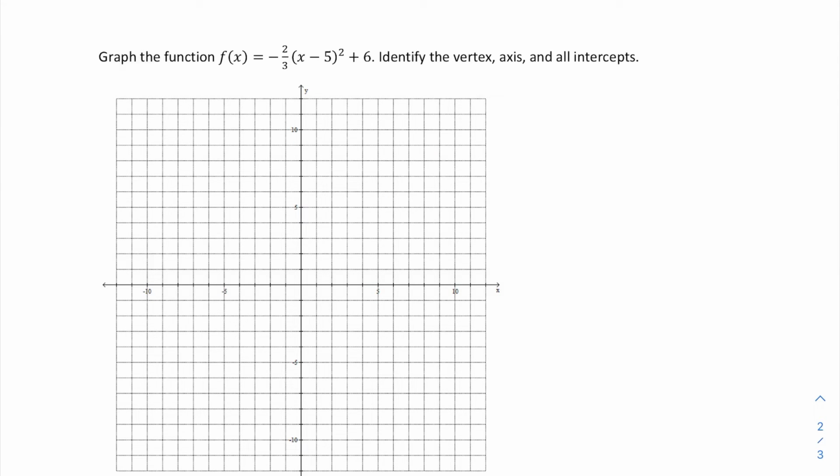So once again, a times (x minus h) squared plus k here. This is the function. And I see there that h in this case is 5. Or you could just set x minus 5 equal to 0 to see that the axis of symmetry is at x equals 5.